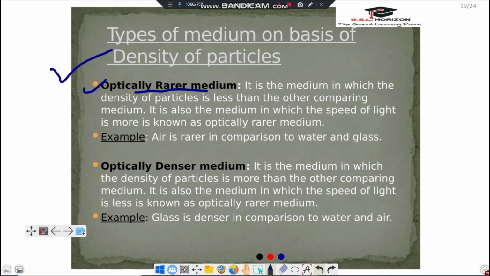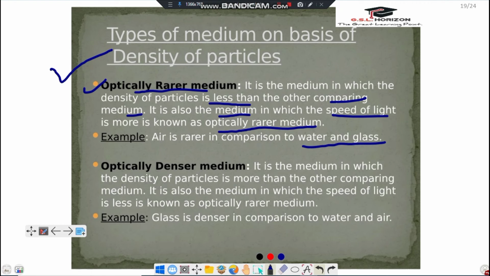It is also a medium in which the speed of light is more, known as optically rarer medium. As an example, air is rarer in comparison to water and glass.